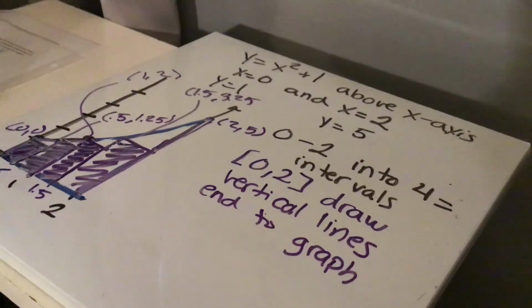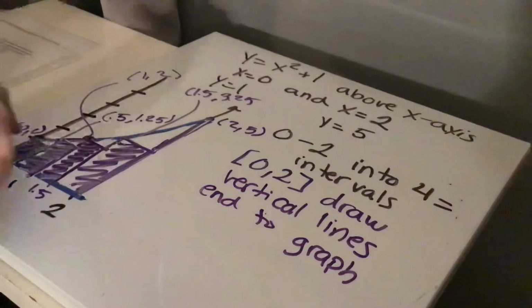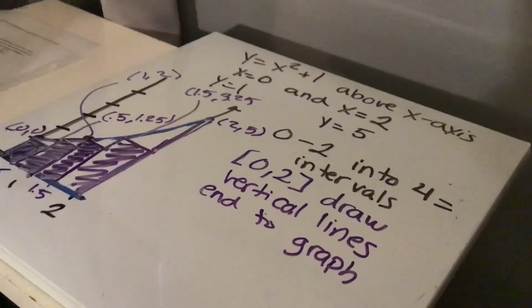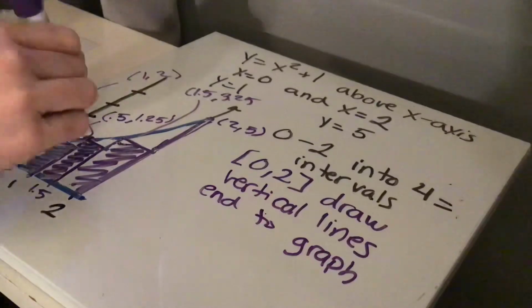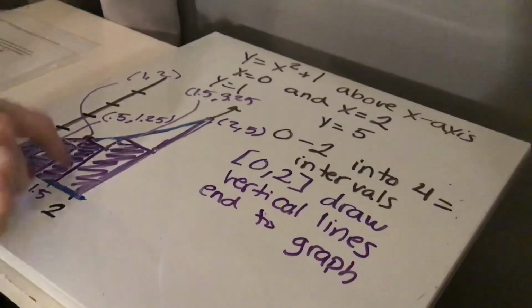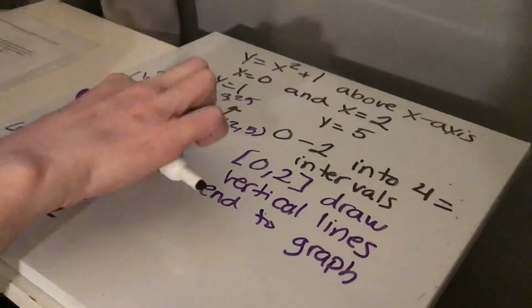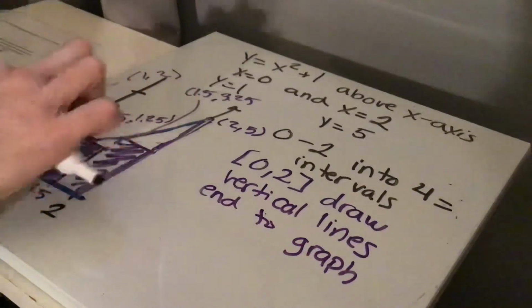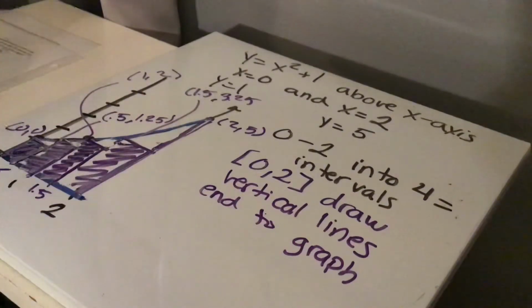And then when we look at it, we see that all of these rectangles are falling below the curve. So we have all of this missing area if we just find the area of these rectangles and add them together. We're missing this area, this piece, this, and this. Okay?